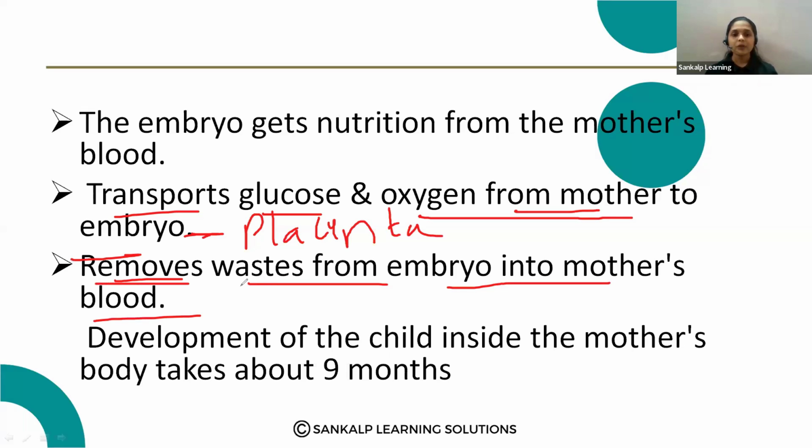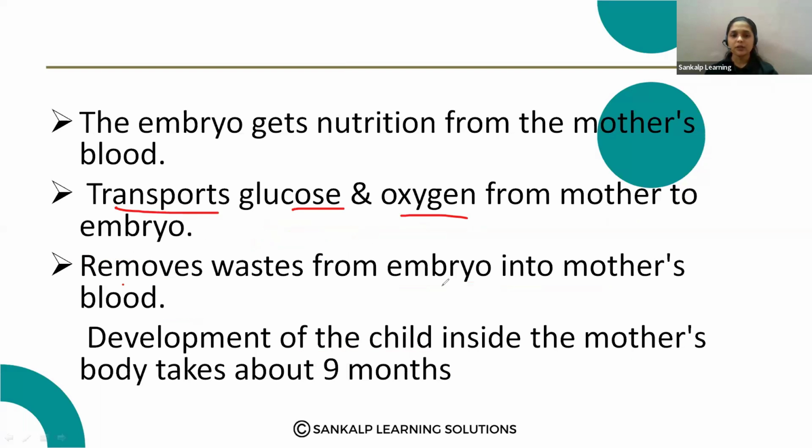After this, the development of the child takes place inside the mother's body, and this process continues up to 9 months. These three functions you have to explain: transport of glucose and oxygen, and removal of waste materials. Very important points.